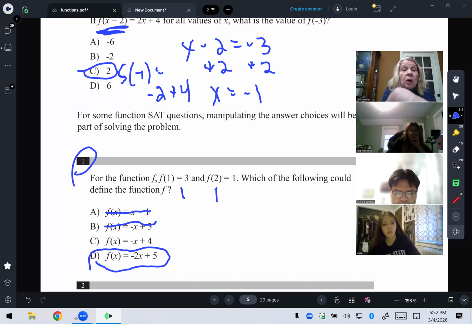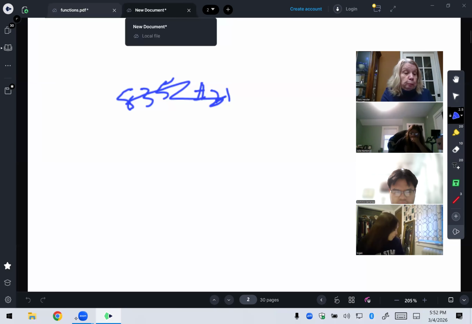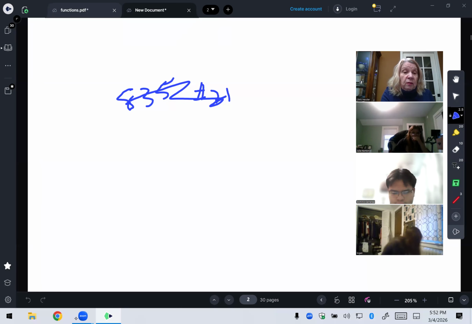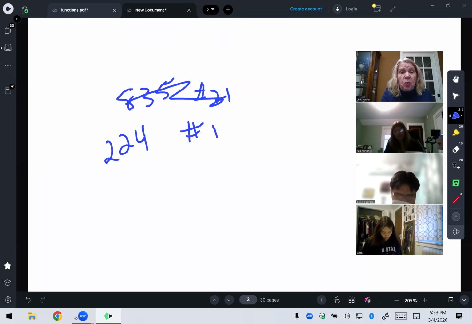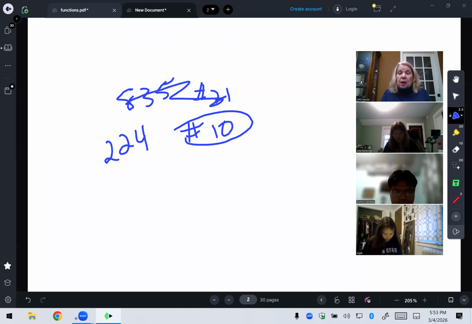Okay, let's try a book one like this. So we're going to go to 224, number 10. Like I said, 80 points on the tester from this math pack.